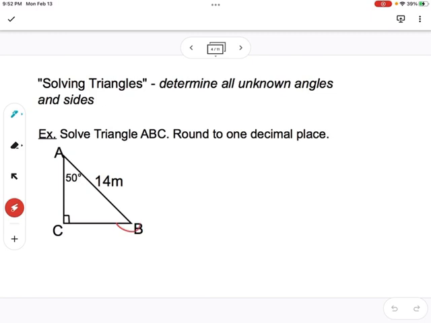So we can figure out angle B by taking our 180 sum and subtracting the two angles we know, so the 90 and the 50. And we are left with 40 degrees.